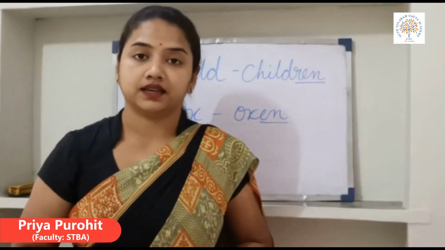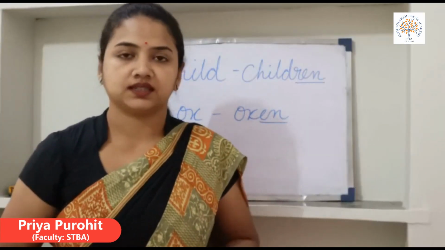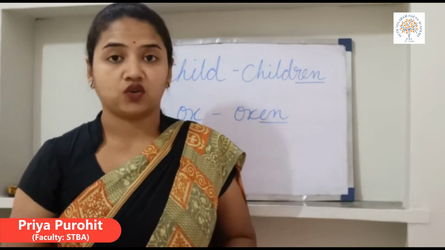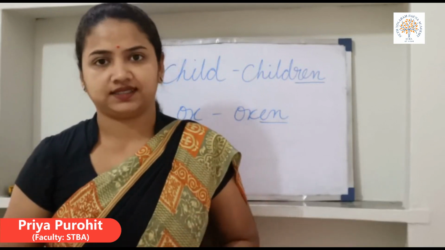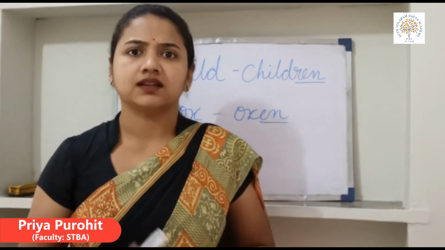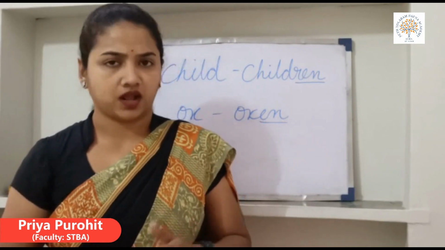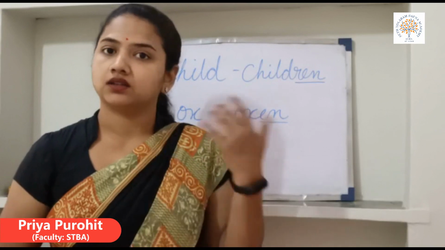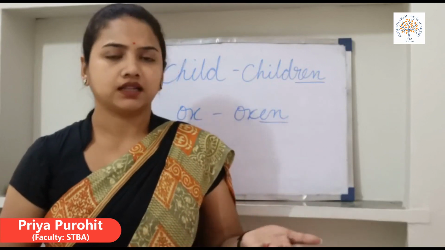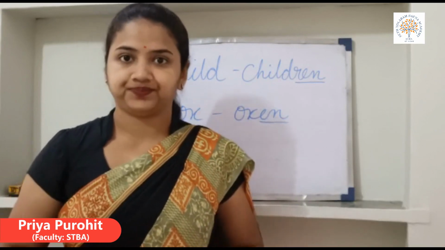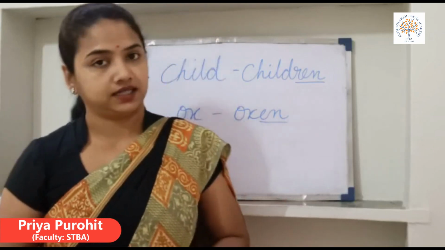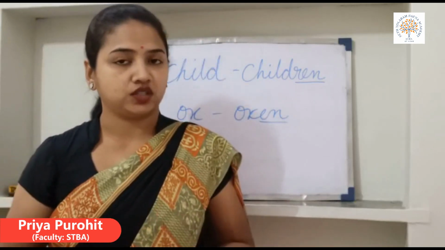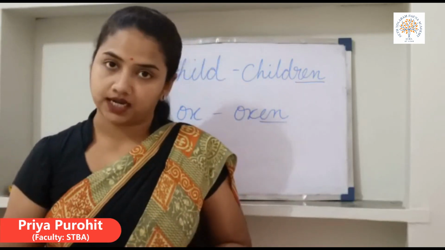Then there are a few nouns which do not follow any of these rules. Some of these nouns form plurals by adding suffixes other than s, es and so on. Examples are child. The plural form of child is children.